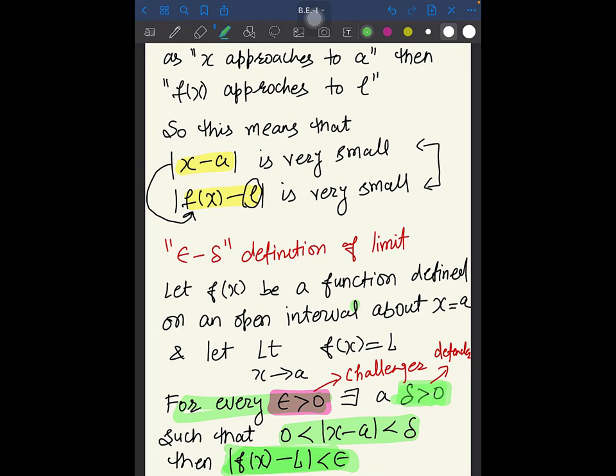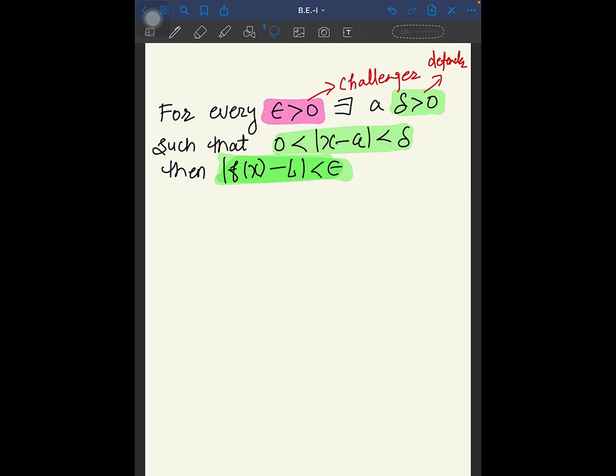For every epsilon there exists a delta so that every value will get mapped in the epsilon range of L. So the negation would be, there exists one such epsilon for which all the values will not map over here. So let's see how we write the negation of this statement. We take the negation of that, that means there exists one epsilon which will not hold. For one epsilon, this condition will not hold.